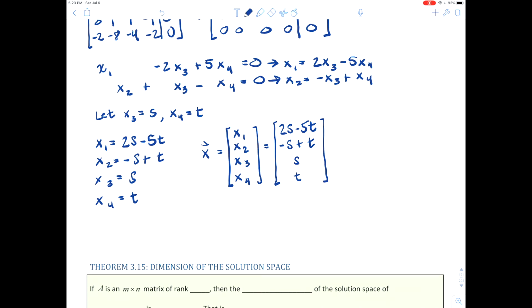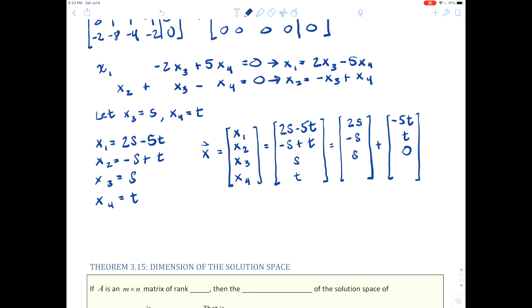All right, now I'm going to split these vectors up into a sum of two vectors. So I can write this as 2s, and then the next vector would have to be what? Minus 5t in that first spot. And then coming back, we'd have negative s, and then in the next vector, we'd have plus t. And then we would have what?